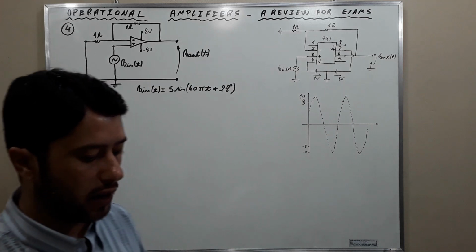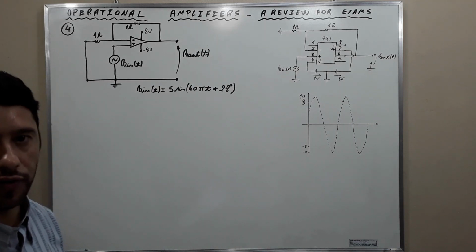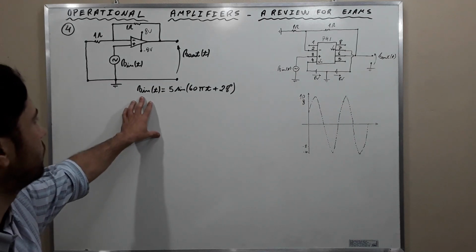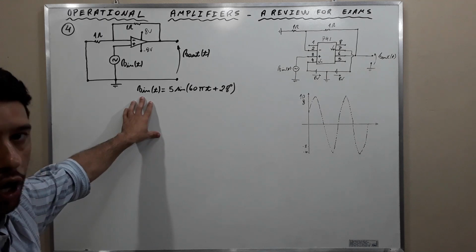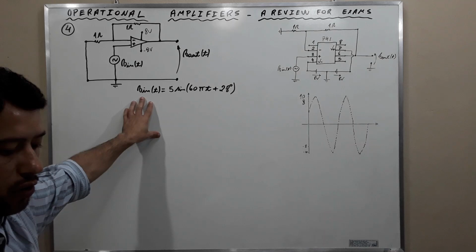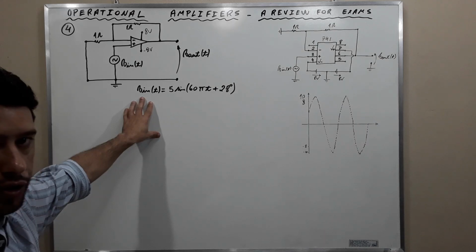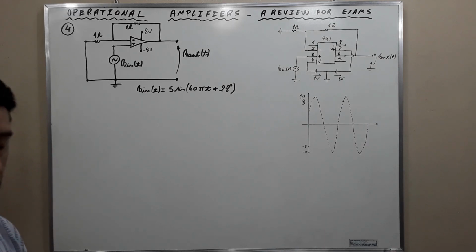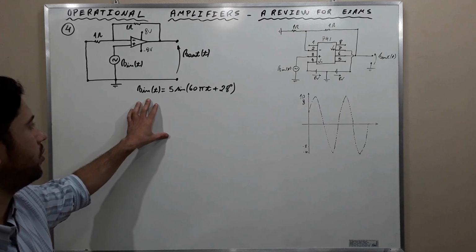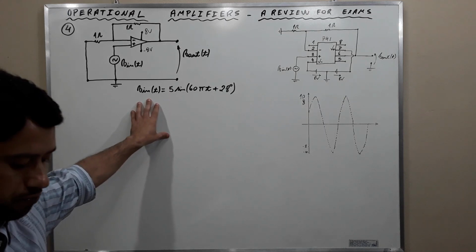Exercise number 4 now. For the circuit of the figure, draw the output waveform and calculate the output voltage at t equal to 25 milliseconds. Okay? This is the circuit that we are going to work with.